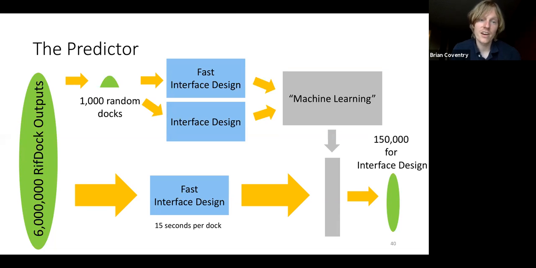The problem is that our computational success rate of designs that end up looking good is really low, like 1 out of 1,000. You can't train a random forest on 1 out of 1,000 without a lot of examples, probably at least 200 positives, which means getting 200,000 docks, at which point, why are you even doing it if you're not saving any time?